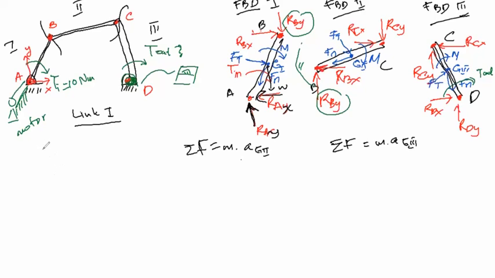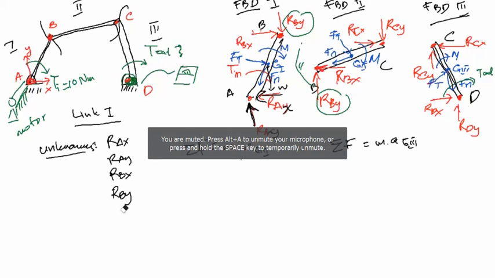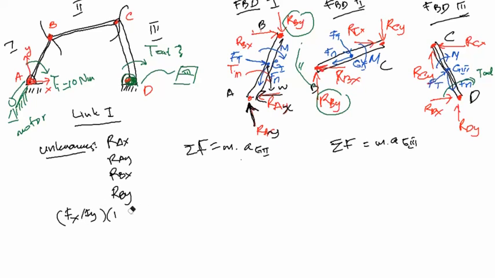So here I have unknowns: RAX, RAY, RBX, and RBY. We also have FT and FN. You can also write it as FX and FY, or we can write it as FT and FN. That's it, right?